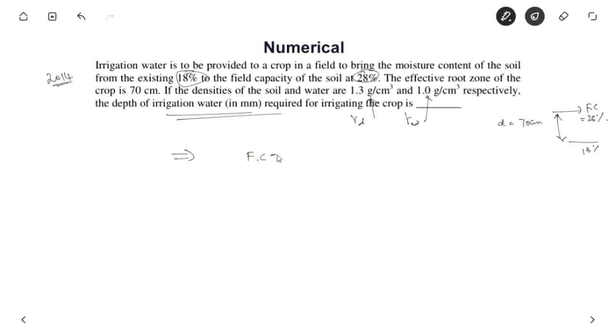We have field capacity minus 18%. Otherwise we have the PWP, permanent wilting point.